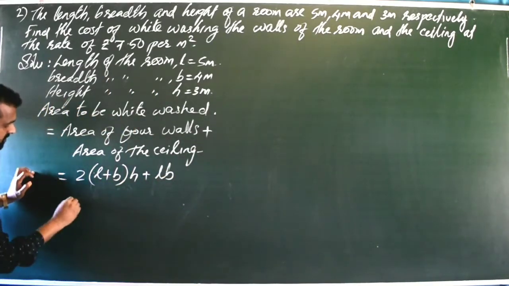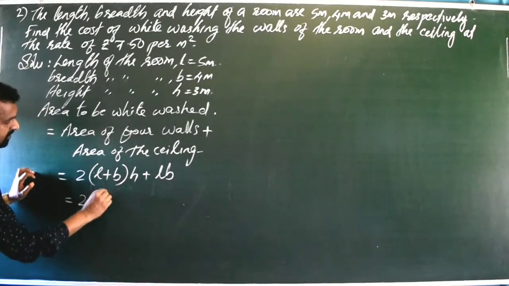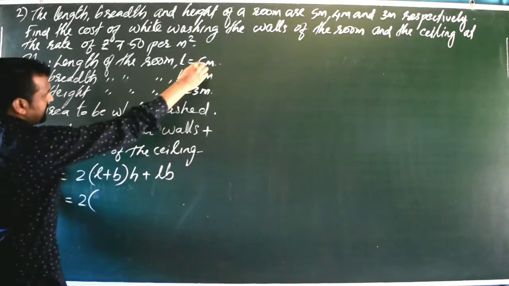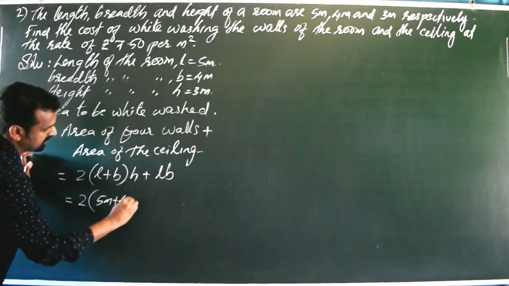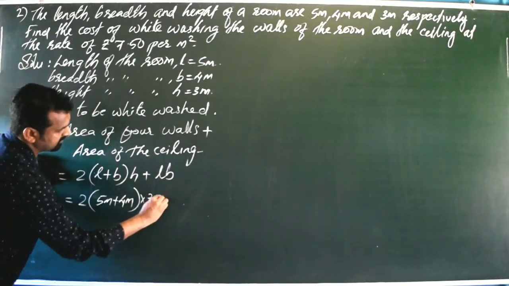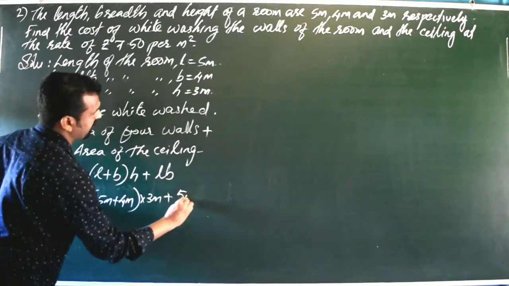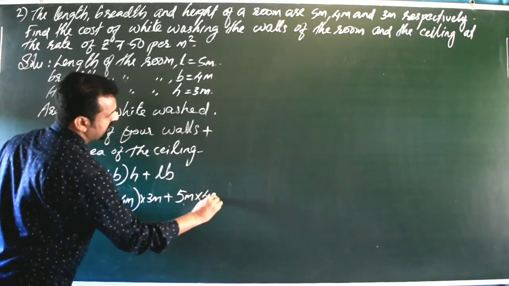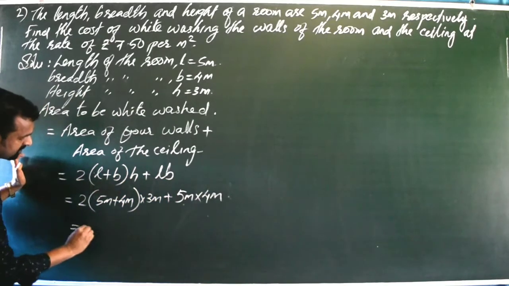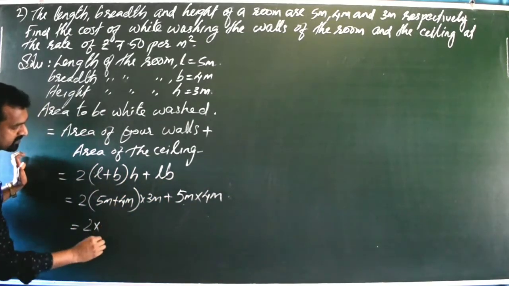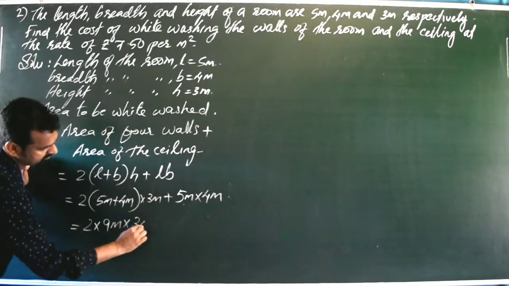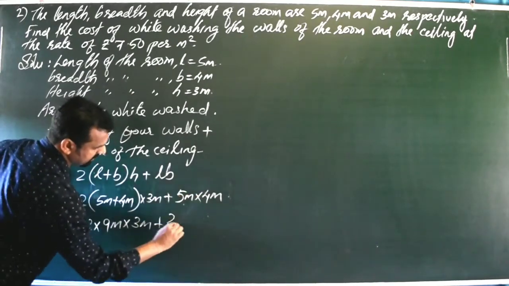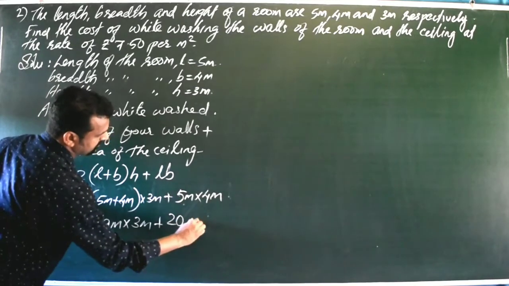Then that is equal to, substitute values here now, 2 into (length plus breadth, that is 5 meter plus 4 meter) into height is equal to 3 meter, plus length 5 meter into breadth 4 meter. That is equal to 2 into (5 plus 4, that is 9 meter) into 3 meter plus 5 fours are 20 meter square.